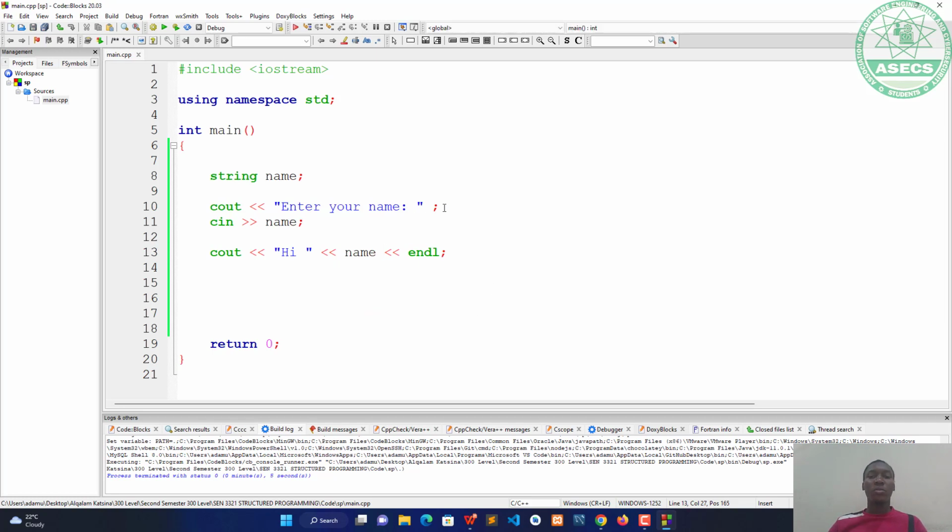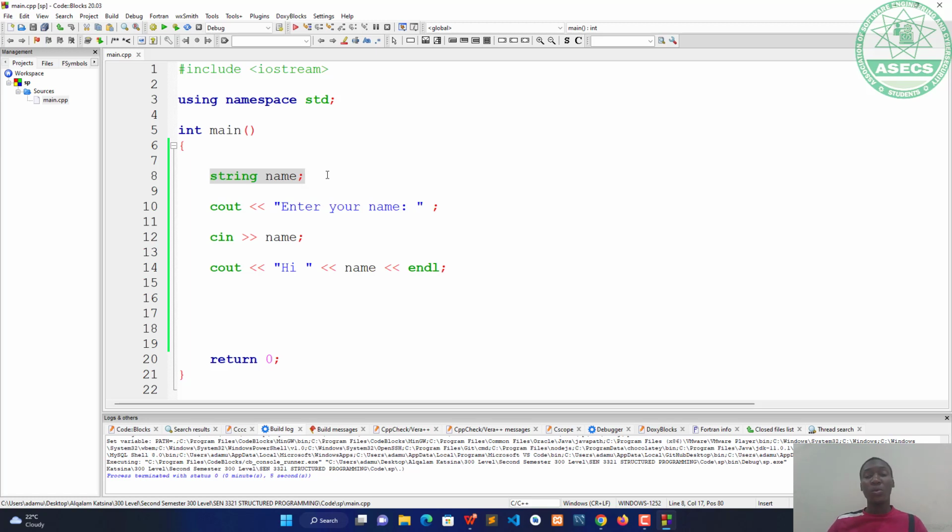So this is what is called concatenation. I'll explain what I just did here. Here I created a variable called string name. We all know variables, I don't have to go back and explain what variables are. Now we have cout, enter your name. C output is outputting, like a command, please can you write your name? Next we say cin, which is input. It will take this input, then cout hi. This cin will never move to the next line until the person types something and presses enter. Then cout hi, then your name.